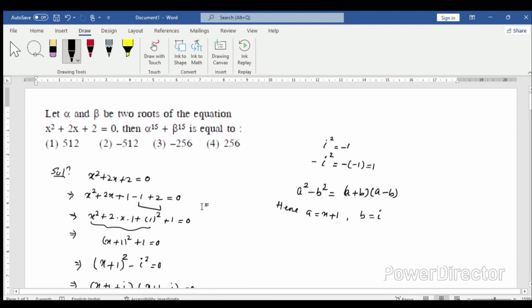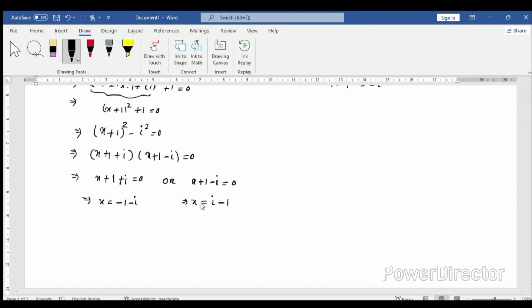Now I can say that this is alpha and this is beta. Here alpha is equal to minus of 1 plus iota, correct, and beta is equal to iota minus 1.